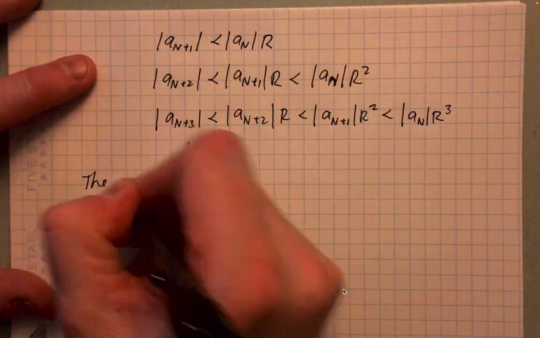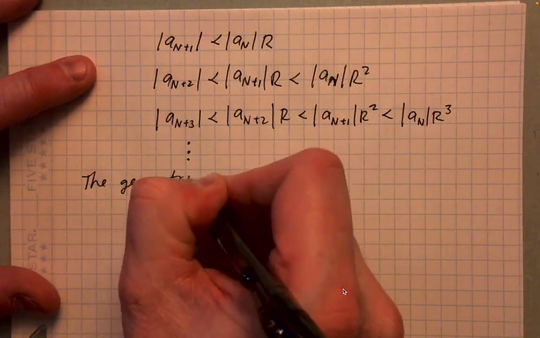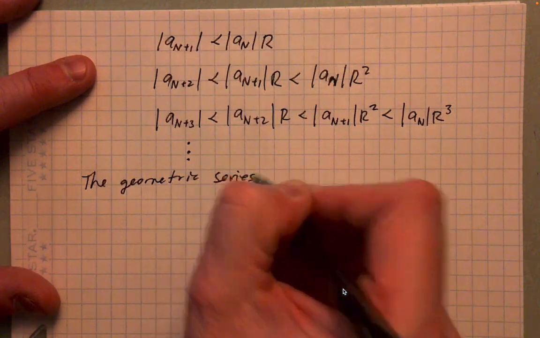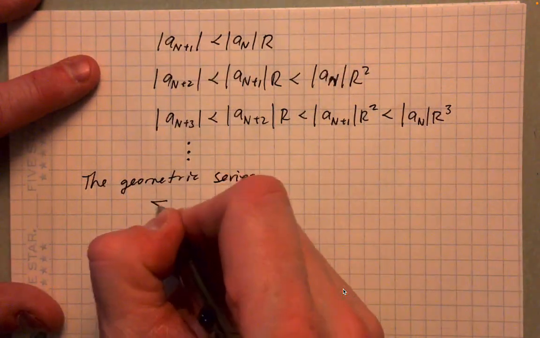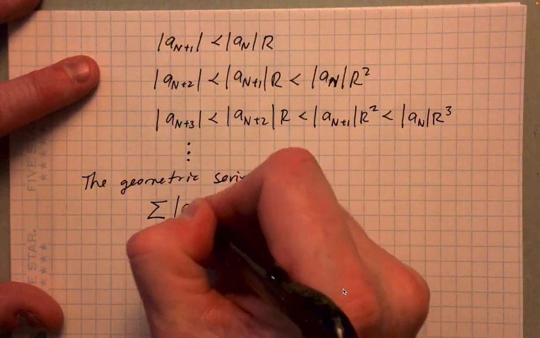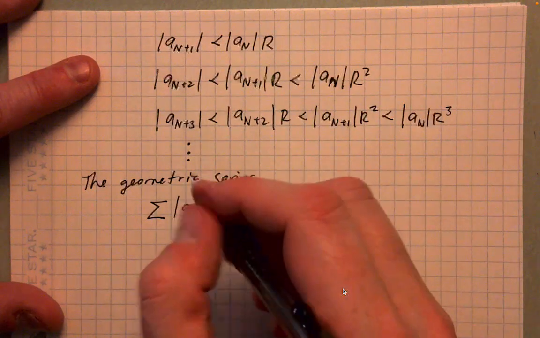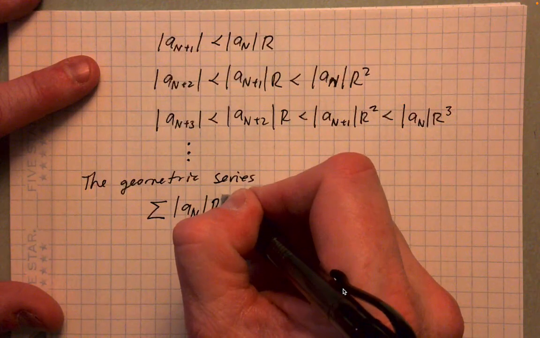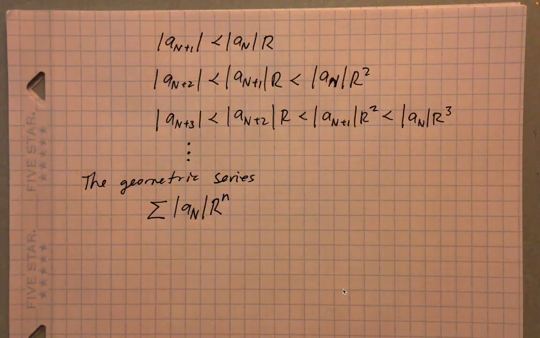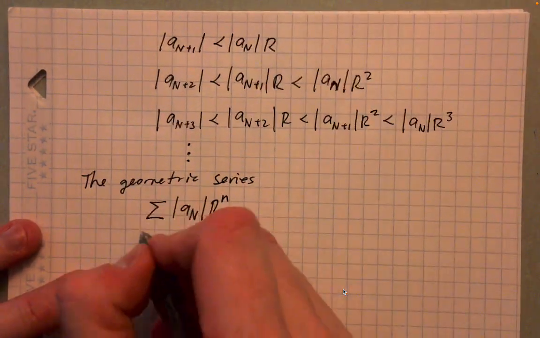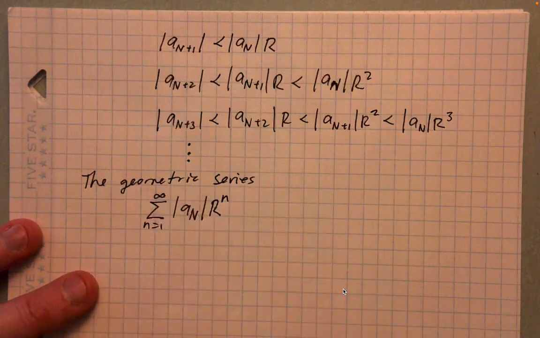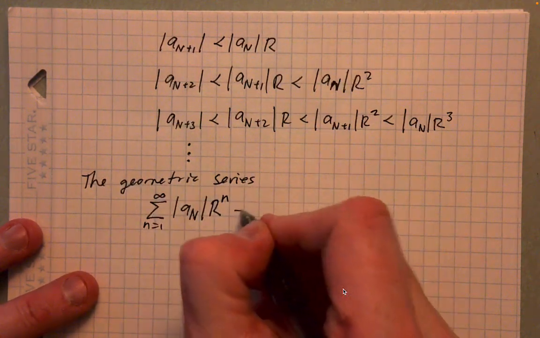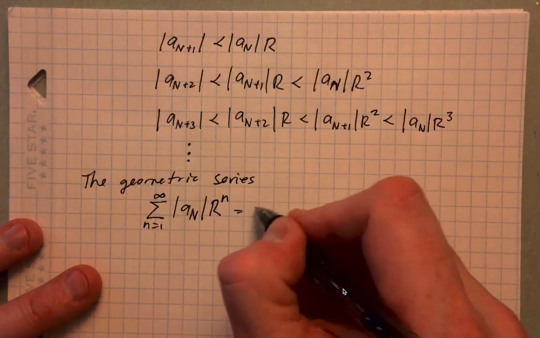And so the geometric series, okay, let's write this out carefully as well. So this would be the absolute value of a of n times r to the nth power, right? So this is going to be the sum from n equals 1 to infinity, right? And so this is going to be equal to what?